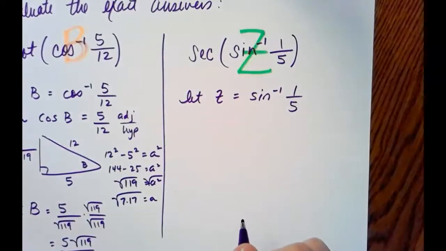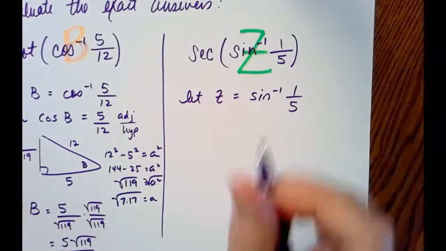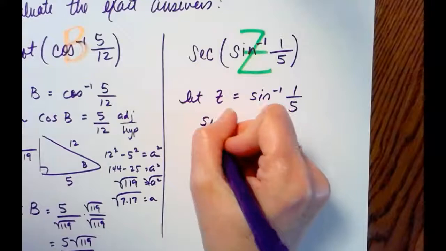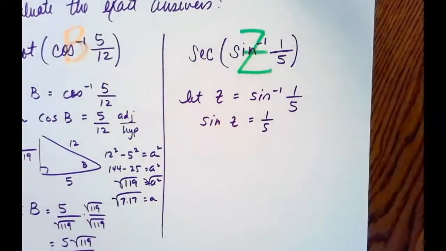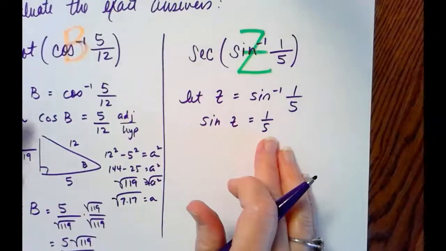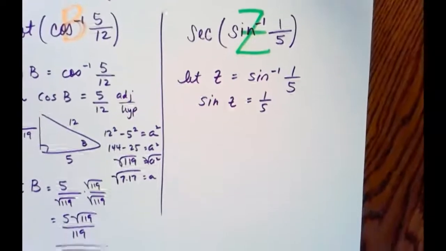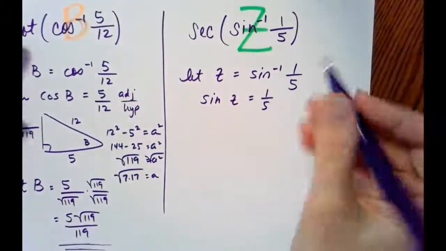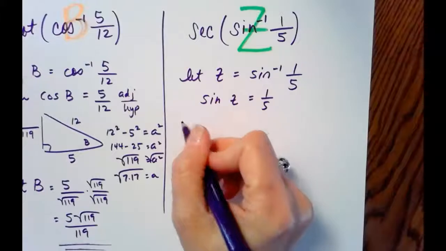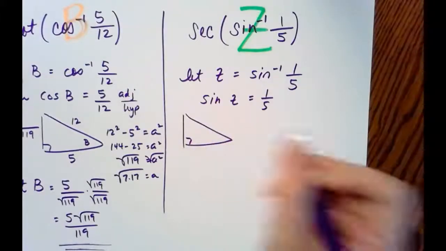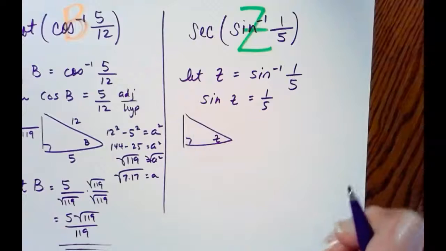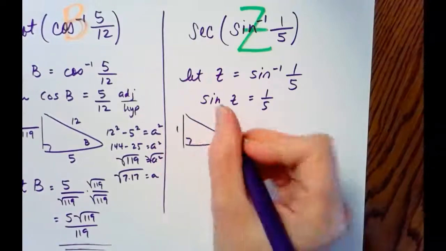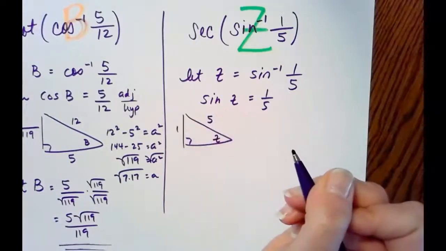If z equals sine inverse of 1/5, then let's let sine z equal 1/5. And once we see that sine z is equal to 1/5, this is going to translate to a triangle. So once again, draw a little right triangle, put z right down there, here or at the top, it doesn't matter. Sine is opposite over hypotenuse.